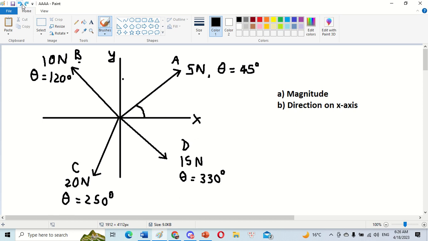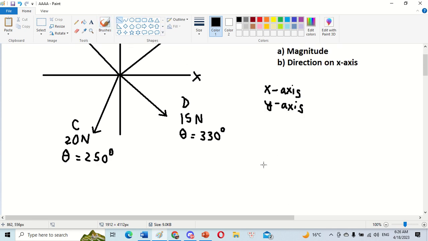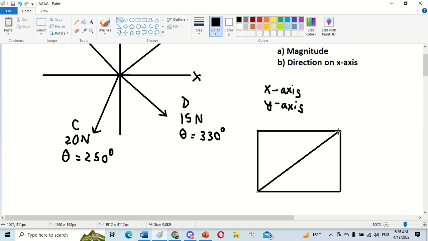To find the magnitude, we need to convert vector A into the x-axis and y-axis components. Let me show you here.